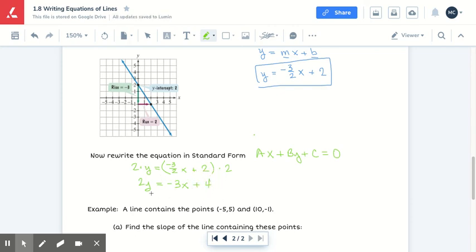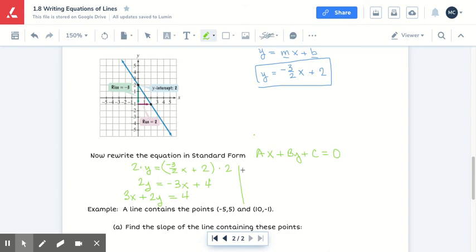And now I just have to move things around here. I want a to be positive, and a is the coefficient of x. So since x is over here on this side of the equation, and it's negative right now, I want to go ahead and move it to the other side. So I'm adding 3x to both sides. And then finally, I need a 0 on the right-hand side of the equation.